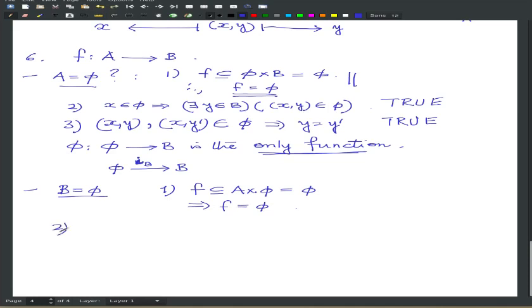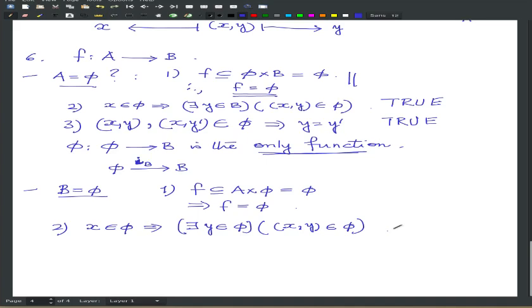Now let's say X belongs to the empty set implies there exists a Y in the empty set, because you said B is empty, such that (x, y) belongs to the empty set. Okay?